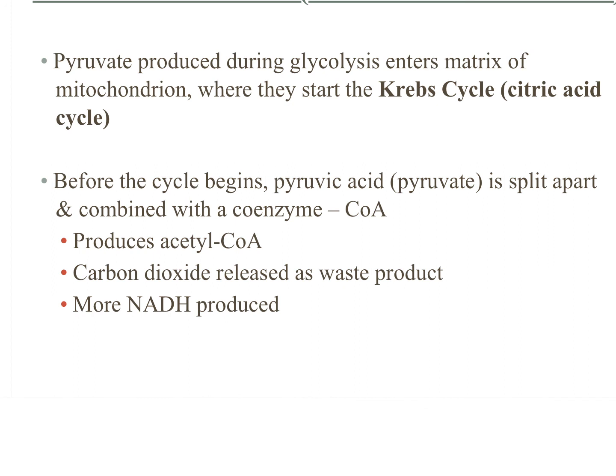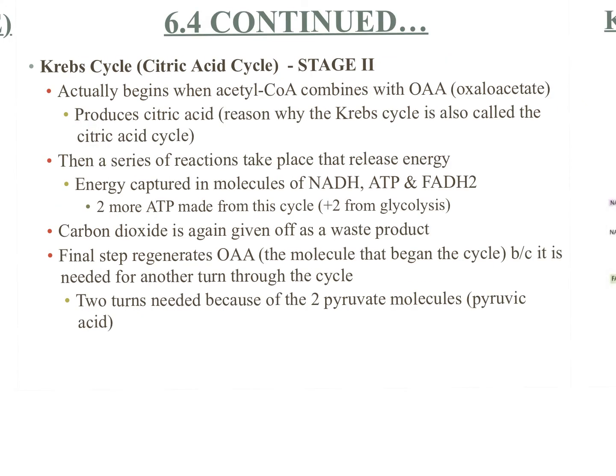And that's going to form acetyl coenzyme A, carbon dioxide, and more NADH. So these are all products. Again, if you're looking at the reactants versus products, we put in pyruvate. What we get out is acetyl coenzyme A, carbon dioxide, and NADH.